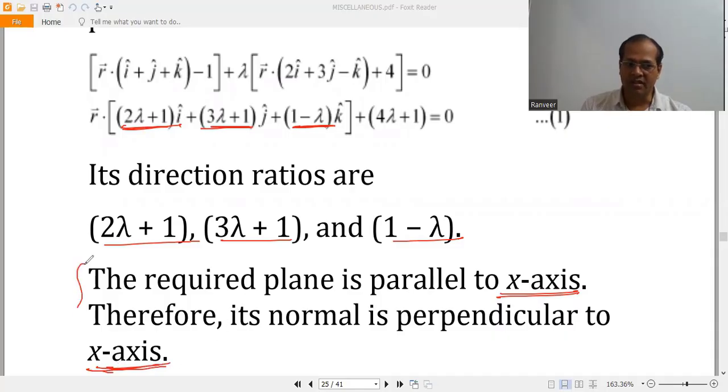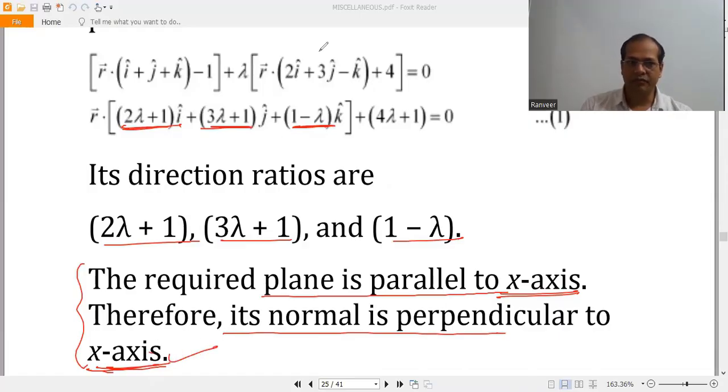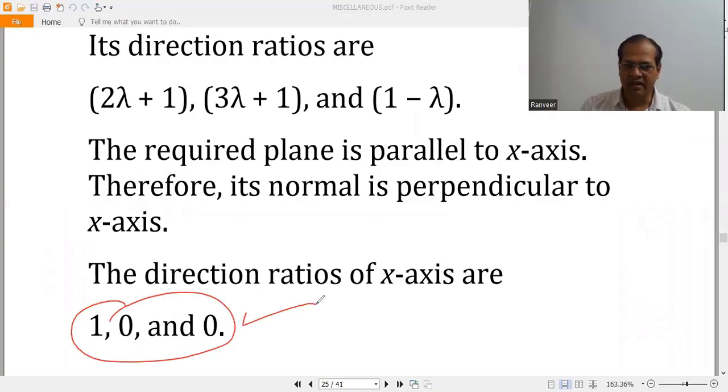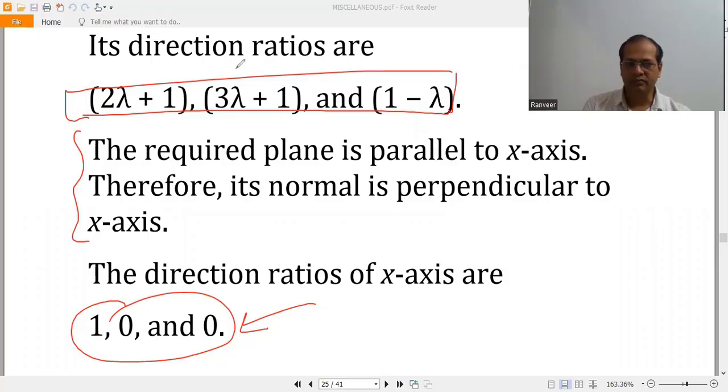The most important thing is here: whenever the condition is given that the required plane is parallel to the x-axis, that means its normal is perpendicular to the x-axis. Now the direction ratio of the x-axis we can tell is 1, 0, 0. So this is also the direction ratio for this condition.